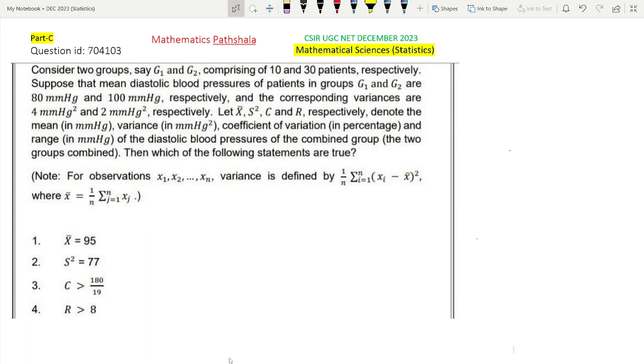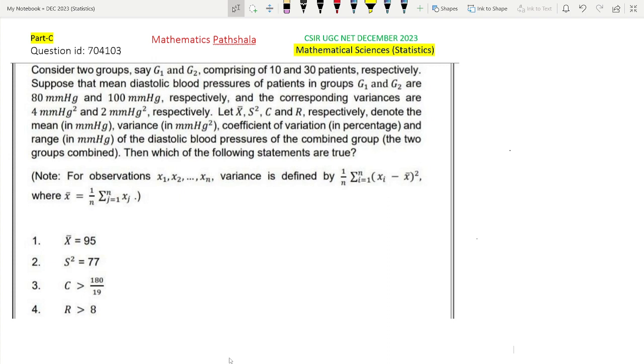Consider two groups, say G1 and G2, comprising of 10 and 30 patients respectively. Suppose that mean diastolic blood pressure of patient in group G1 and G2 are 80 mmHg and 100 mmHg respectively, and the corresponding variances are 4 mmHg square and 2 mmHg square respectively.